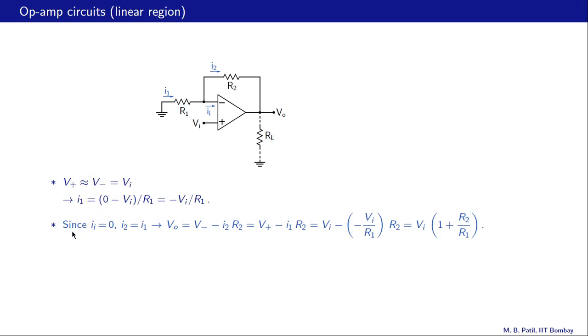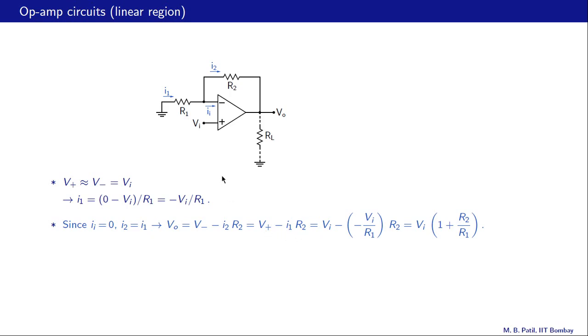Now since the op amp input current here is 0, I1 and I2 must be the same, and now we have a way to calculate VO. So what is VO? VO is V minus minus this voltage drop. So VO is V minus minus I2 R2. V minus is the same as V plus, I2 is the same as I1, so that is V plus minus I1 times R2.